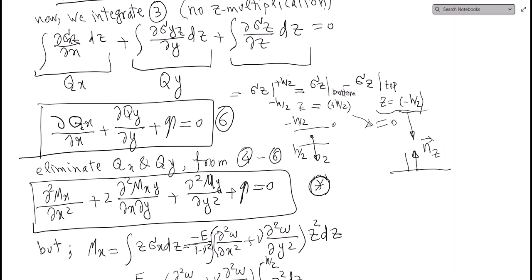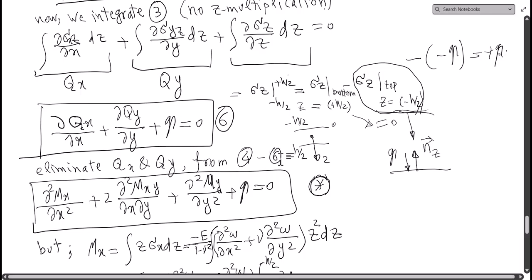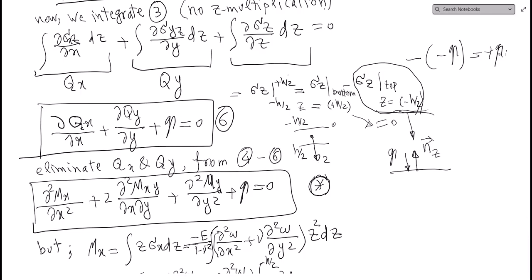And the stress, which is Q here, is downward. So it is minus minus, so this becomes minus minus Q, which is plus Q. That's what we used here, and that is correct. So these are minor corrections that I wanted to make. Thank you very much.